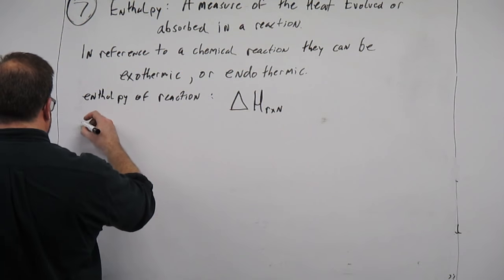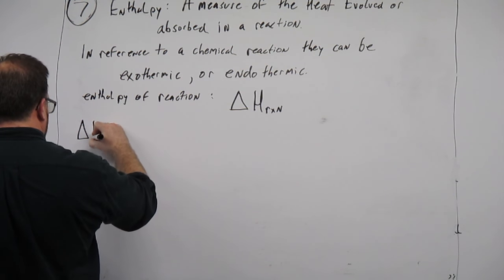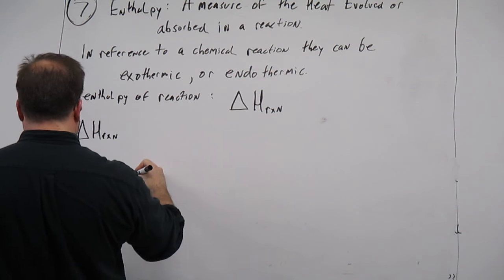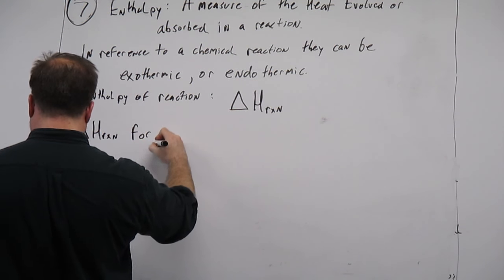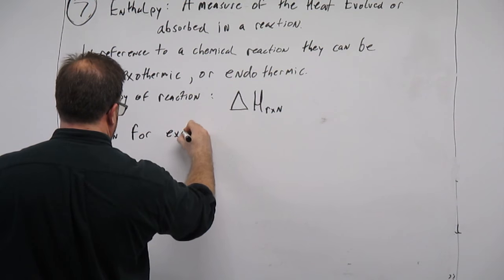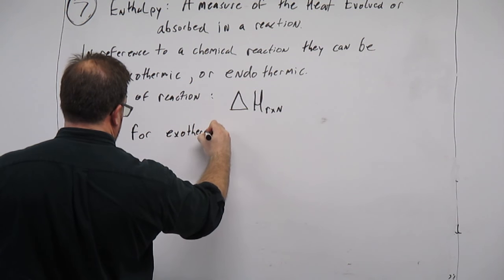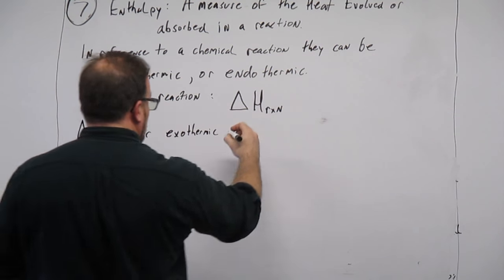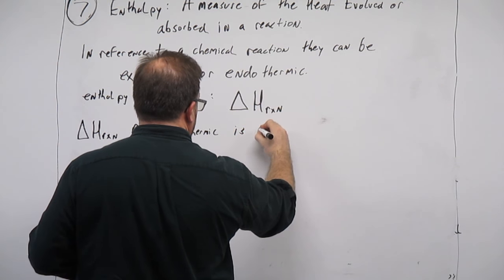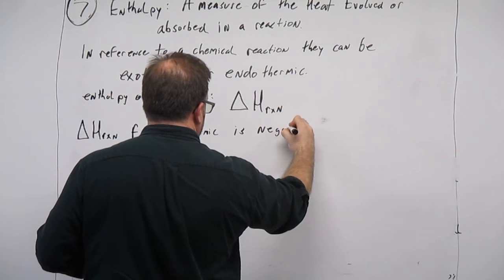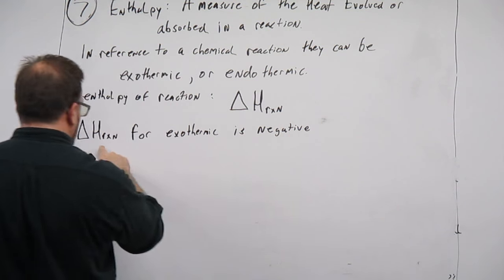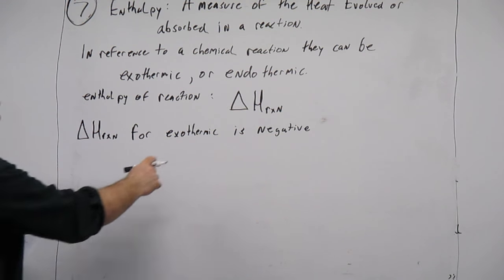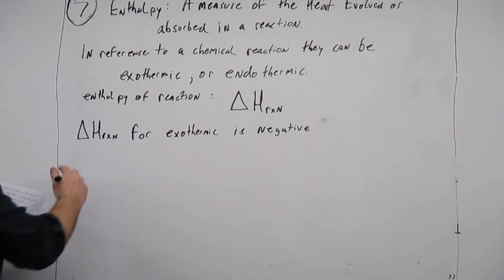Now there are certain rules about this symbol, delta H RXN. For exothermic, remember exothermic is when it releases heat, it is negative. So if I have a negative result for the delta H RXN, it means I have an exothermic reaction. Okay?